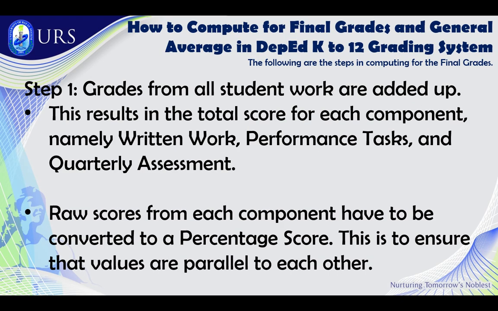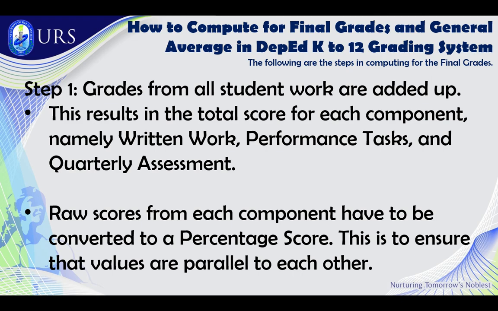So, how to compute for final grades and general average in the DepEd K-12 grading system. Yung mga nagpo-follow po ay mga steps kung paano po natin kukumputin yung final grades. So, step number 1, grades from all student work are added up.